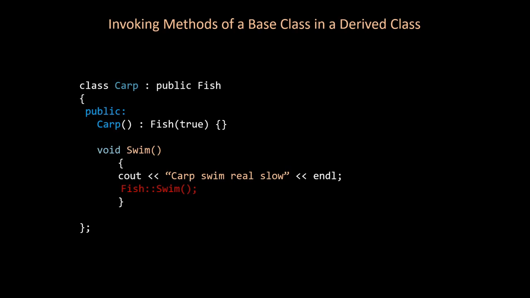And if you look down in the swim function of our carp class, you'll see that it's printing out this statement, but it's also simultaneously invoking the swim function from the base class fish. So there's a swim function inside of another swim function. Let's get into Visual Studio and see how this works as well.